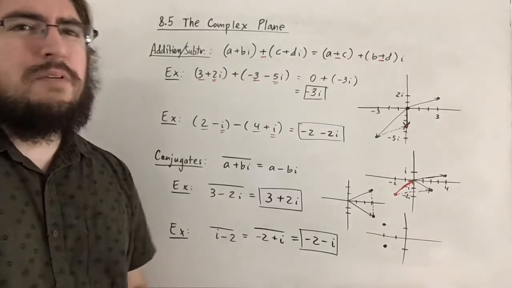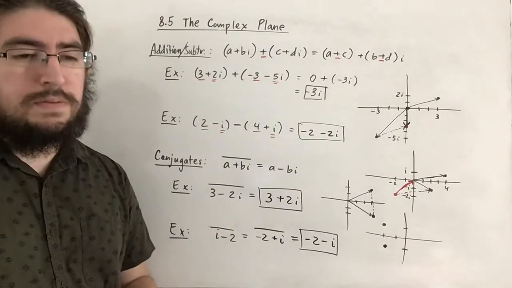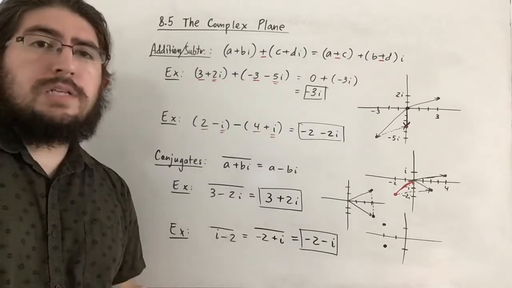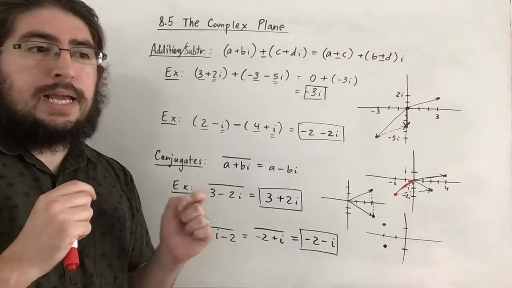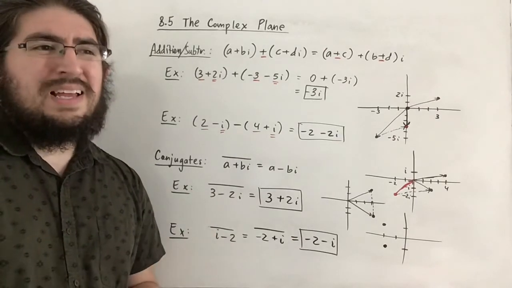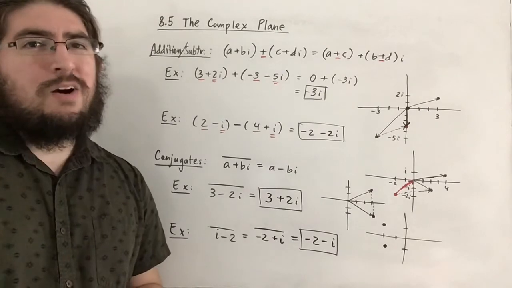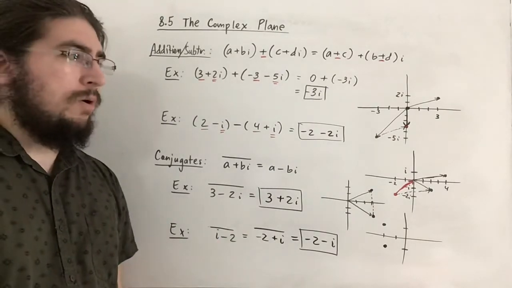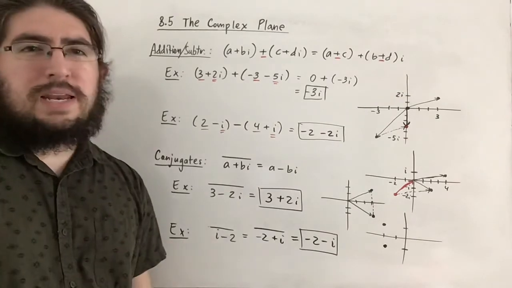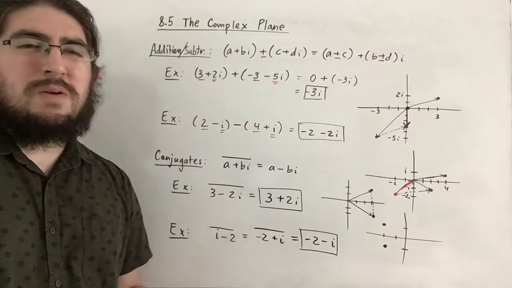Now that's kind of all I want to say, but I will give an honorable mention. The book goes on to discuss the distance between two points in the complex plane and the midpoint between those as well. And those distance and midpoint formulas that we end up getting are the exact same that you would get in just the xy plane. So I'll let you look at that if you want, but I don't think it's worth going over because it doesn't really lead anywhere.